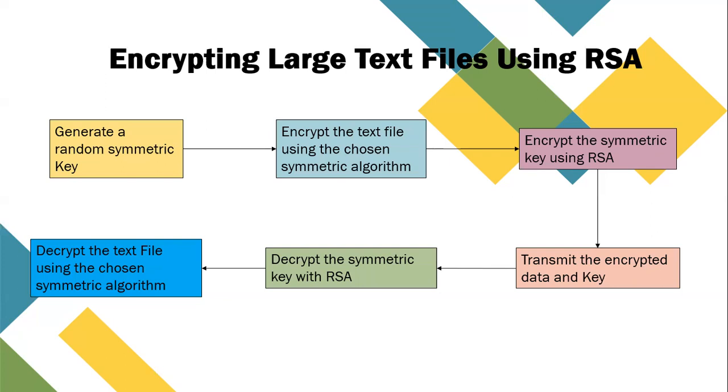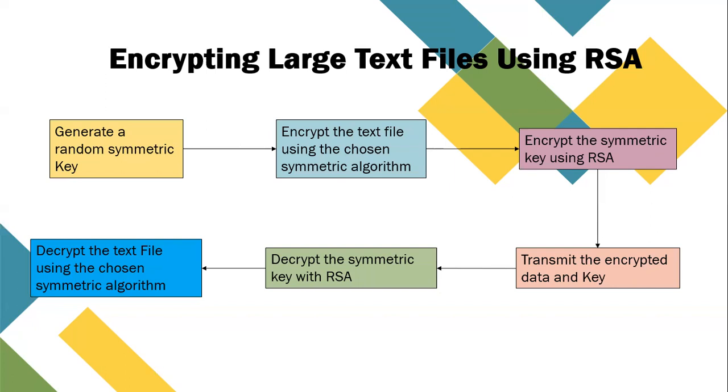Further, we will transmit the encrypted data along with the key to the recipient. Now, the recipient will decrypt the symmetric key with their own RSA private key, because their public key was only used for encrypting this symmetric key.